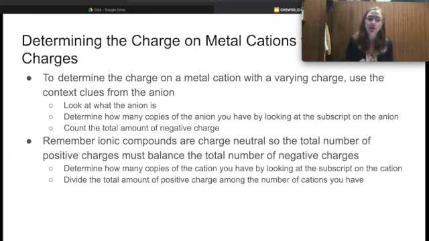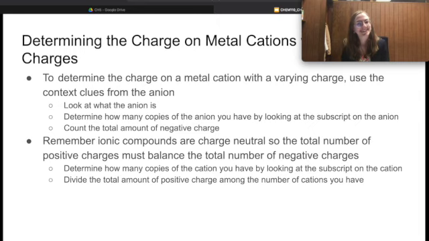So determine how many copies of the anion you have using the subscript on the anion. You should always know the charge of every anion you encounter because you should have the charge of the polyatomic ions memorized, or it'll be one of the ones from the periodic table that we learned in Unit 1. And you have to use the number of those atoms you have to determine the total amount of negative charge.